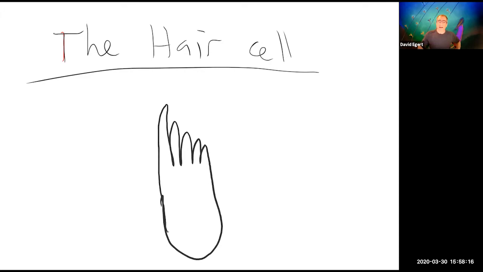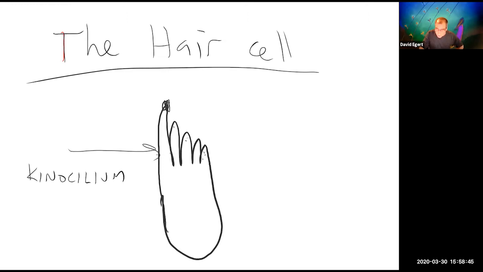It's called the hair cell because it has these, remember cilia? So it's got this one true cilia, they call it the kinocilium. And then these other parts are actually not true cilia. They're what we call stereocilia, meaning they don't have the microtubule structures inside, but it doesn't matter.